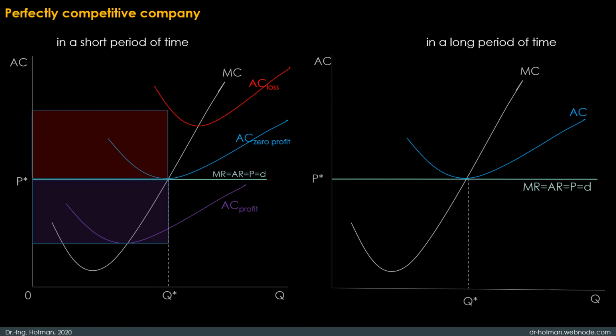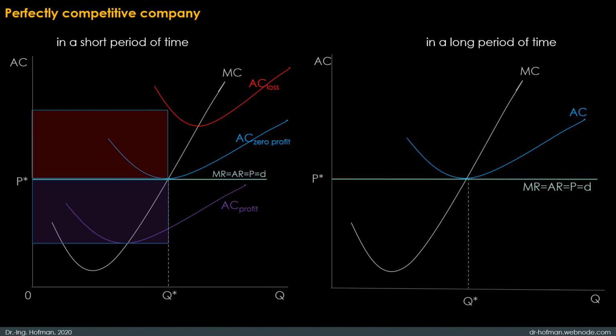In a perfectly competitive company in a short run, Q is quantity and P is price. The asterisk is the optimum for quantity, given by the intersection of the MC curve, marginal cost, with the price line, with marginal revenues, average revenues, and price line.